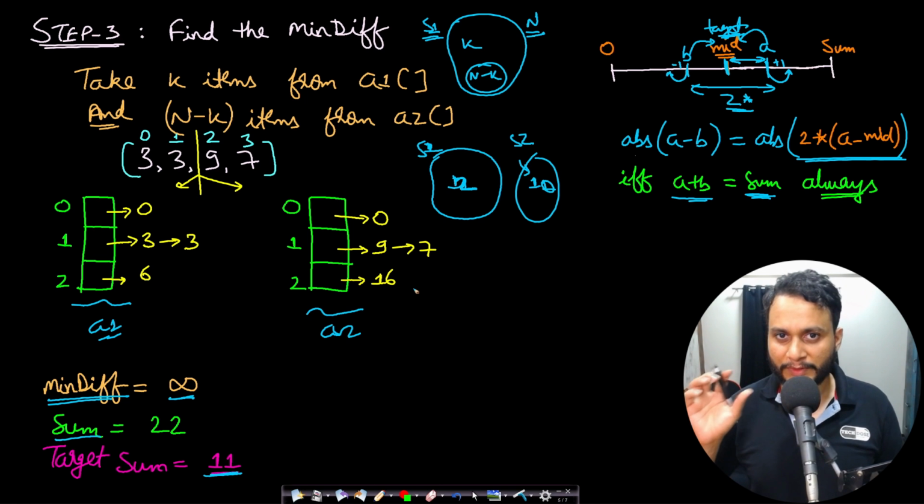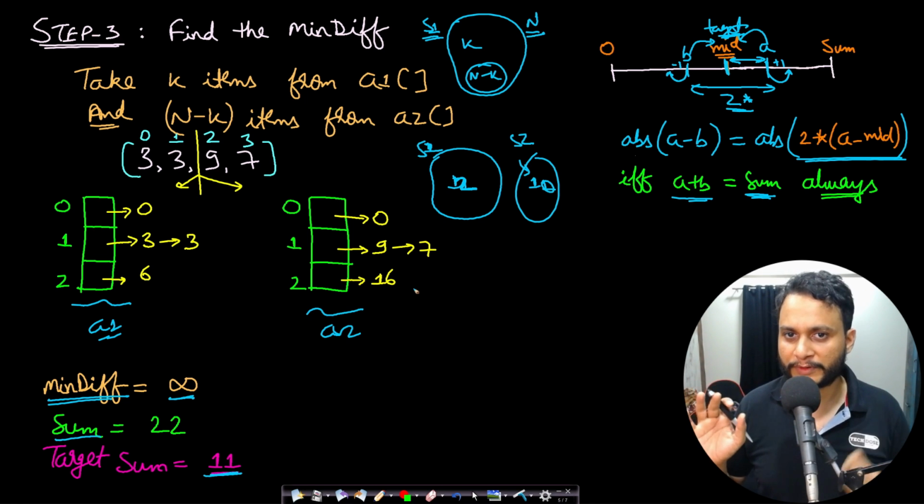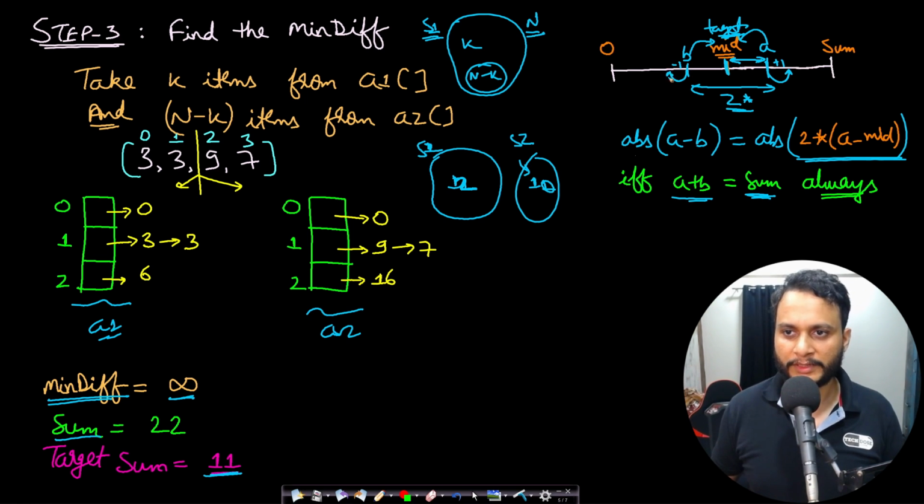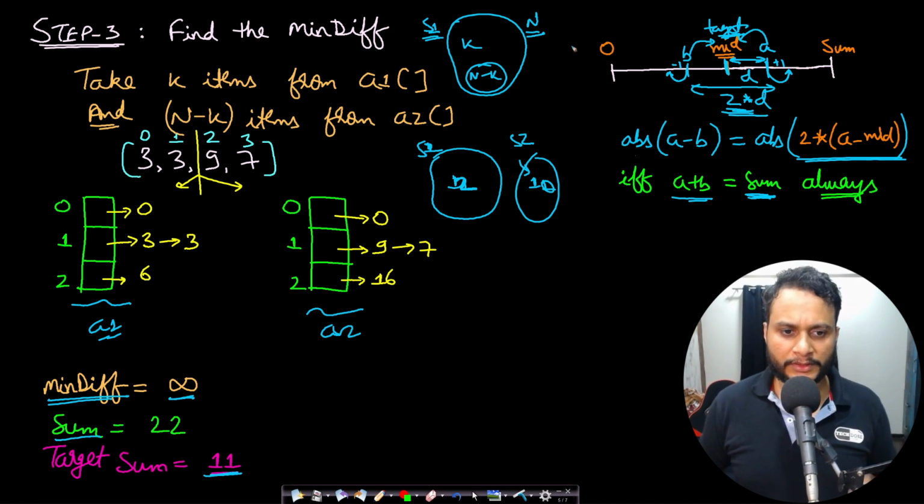And in that case only we will get the absolute difference to be equal to 0. But if that doesn't happen, if the difference between A and mid is somewhat, let's say D, then what will be the difference between A and B? When A plus B is always equal to sum, it will be 2 times D, right? The total difference will be 2 times D. So you need to keep that in mind while solving the problem.